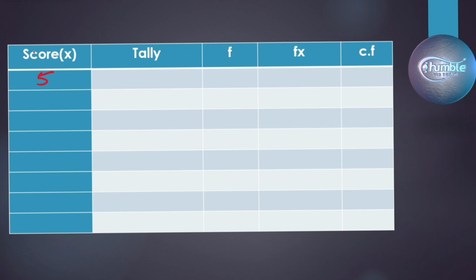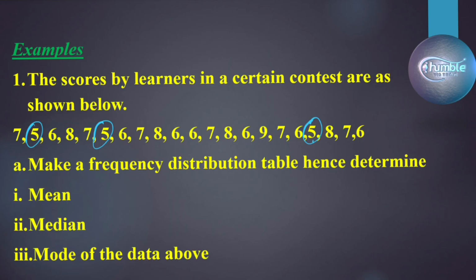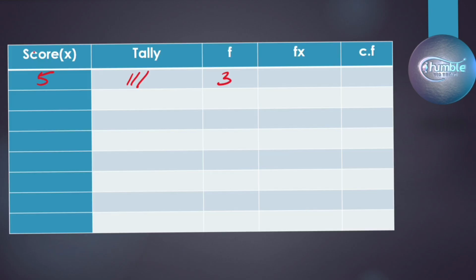The tally is 3 strokes, 1, 2, 3, and the frequency will be 3. The next score is 6. 6 appears 1, 2, 3, 4, 5, 6, 7 times. So the tally is 7 strokes, and the frequency is 7.